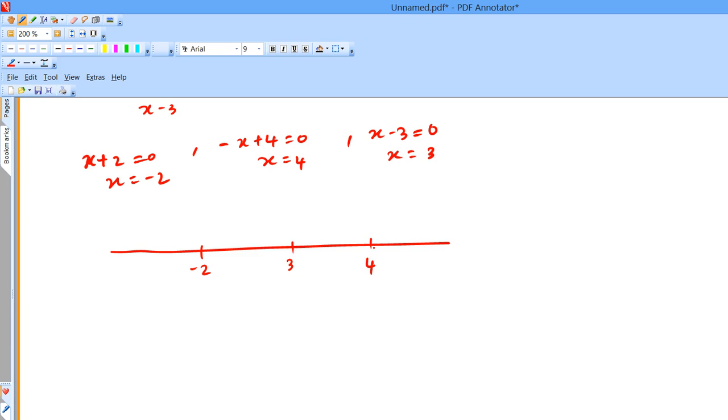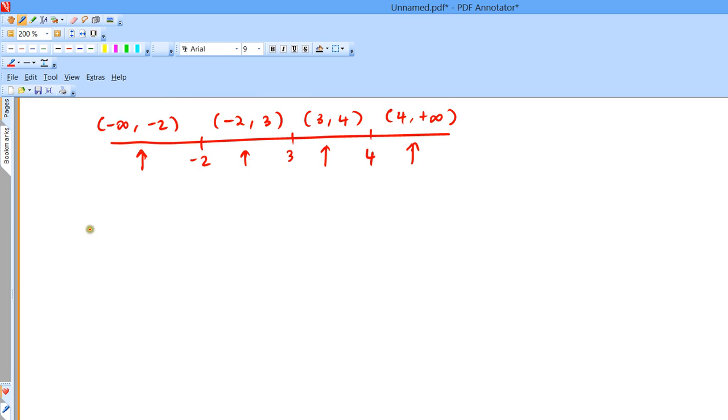From here we have 4 intervals. The first interval is from negative infinity to negative 2. The second interval is from negative 2 to 3. The third interval is from 3 to 4. And lastly, from 4 to positive infinity.